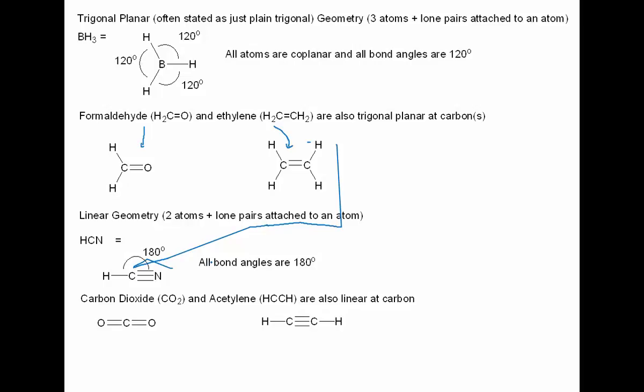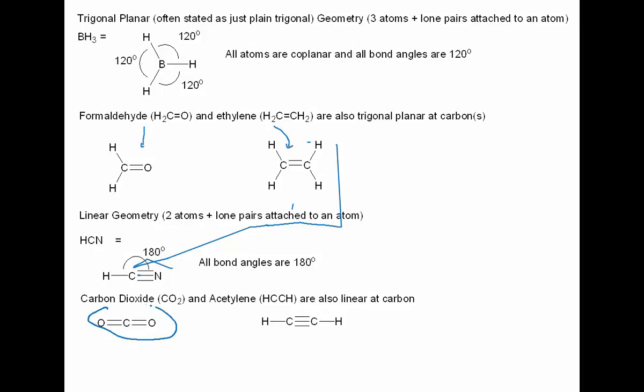Okay, if you look up to this point, you could probably say double bonds give us trigonal planar geometry, triple bonds give us linear geometry, and to some extent that's true, but there is one other case where you can have a linear geometry. So carbon dioxide doesn't have any triple bonds, but yet it still has linear geometry.